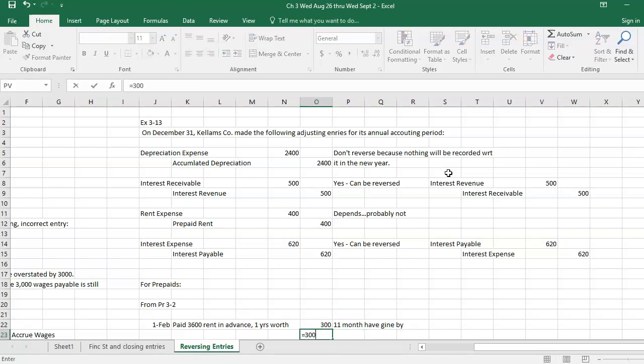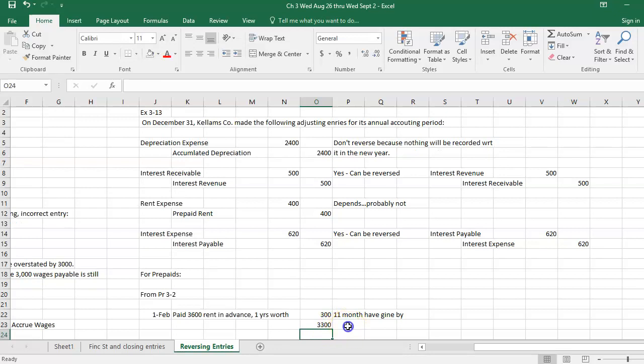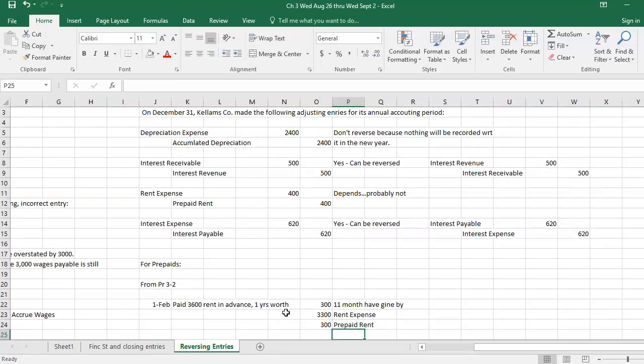So 300 times 11, 3,300 should be rent expense. And they should have 300 left in prepaid rent. Okay, so remember that from problem 2?